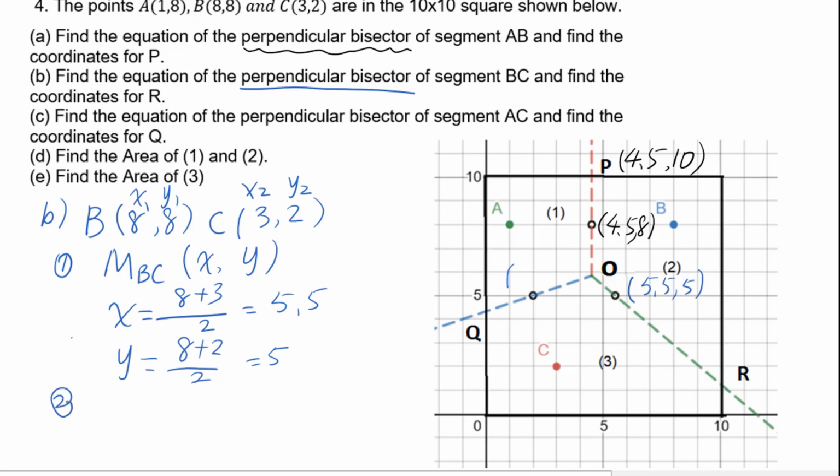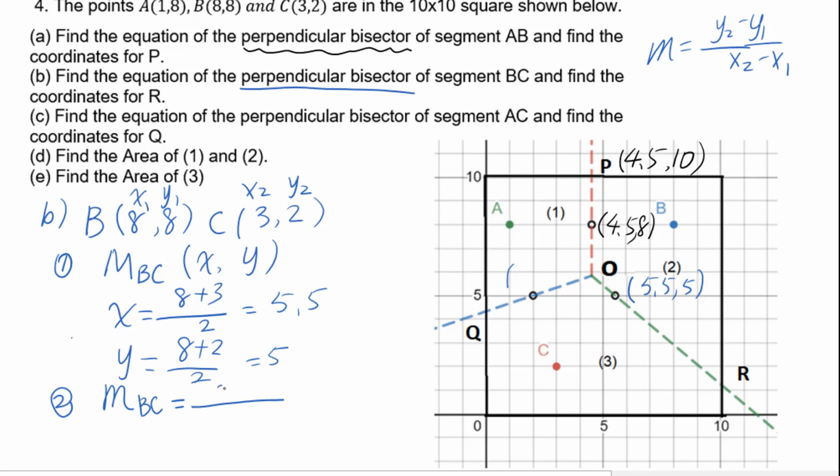Then second step, we need to figure out the slope. Let's use a formula, or you can use a graphing calculator. It's really up to you. We will use this formula, y2 minus y1 all over x2 minus x1.